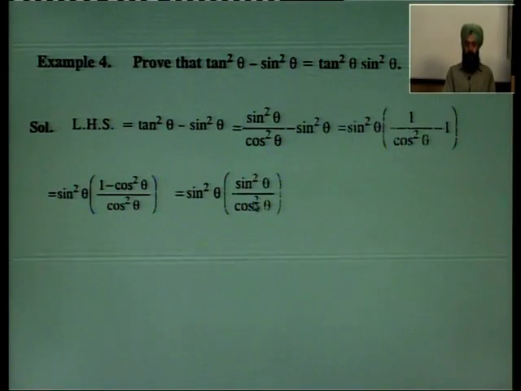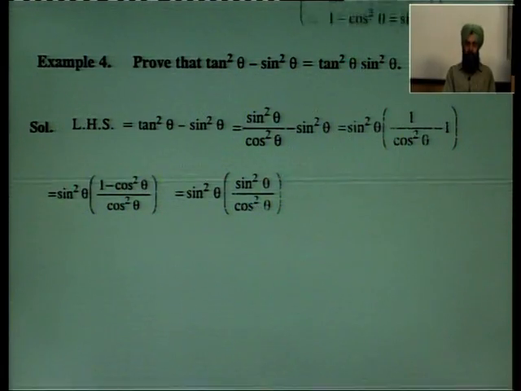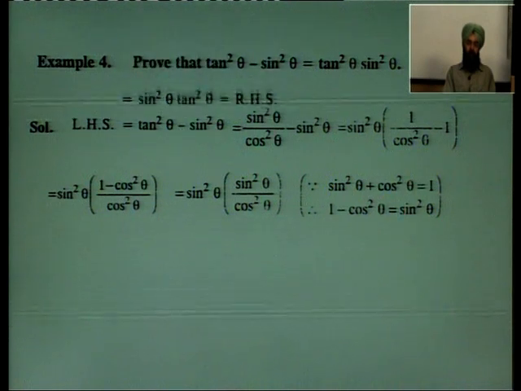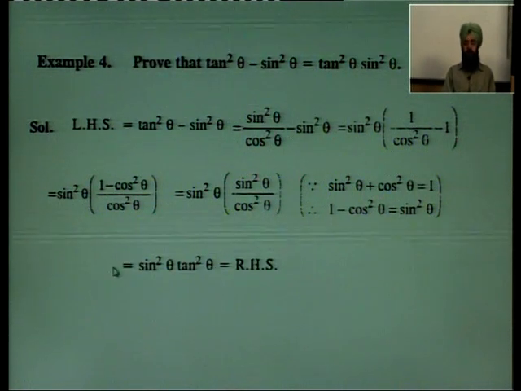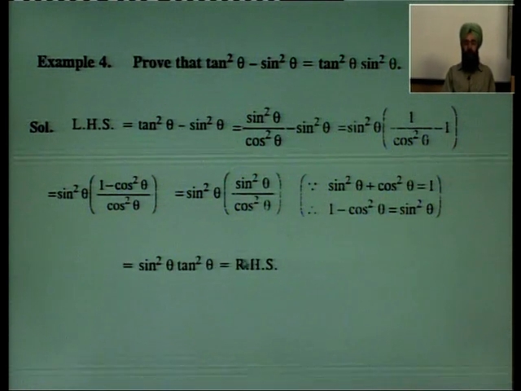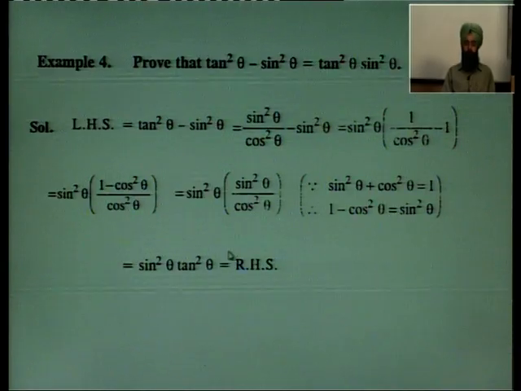So, therefore, we get the result sine square theta into tan square theta. So, that is our left hand side, that is our right hand side, because in this question we have to prove that tan square theta minus sine square theta is equal to sine square theta tan square theta. This is our right hand side.